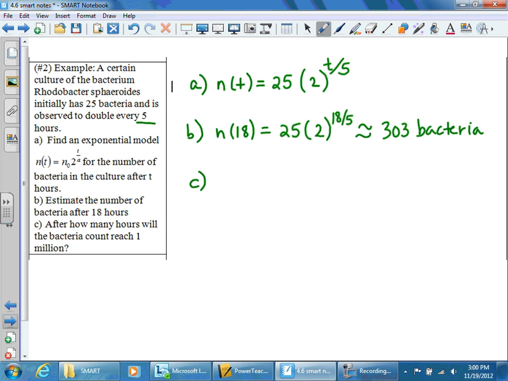C, after how many hours will the bacteria reach 1 million? So now I'm going to set it equal to 1 million. The first thing I need to do is divide by 25. And now since I have a variable up in the exponent, I'm going to ln both sides.